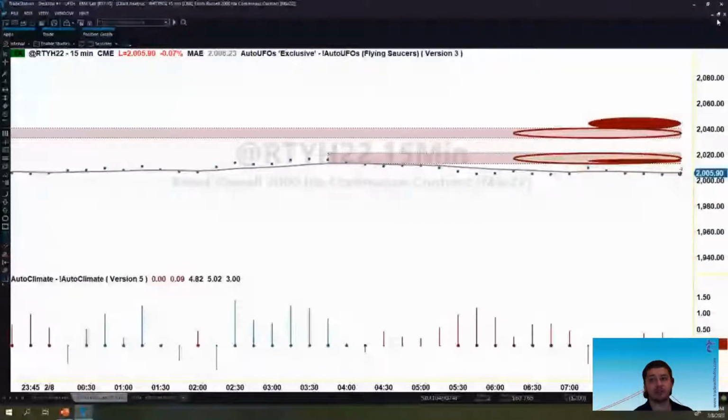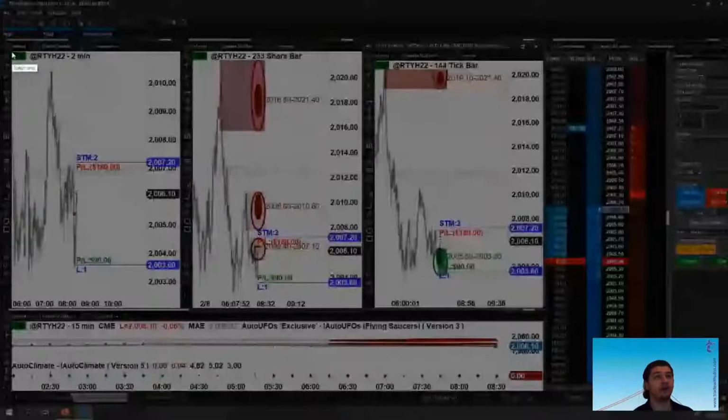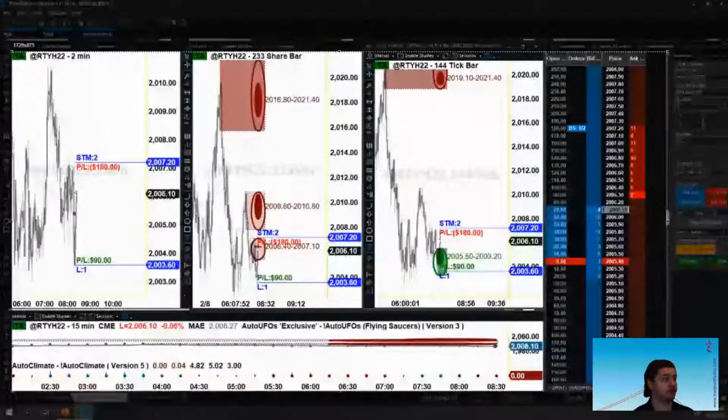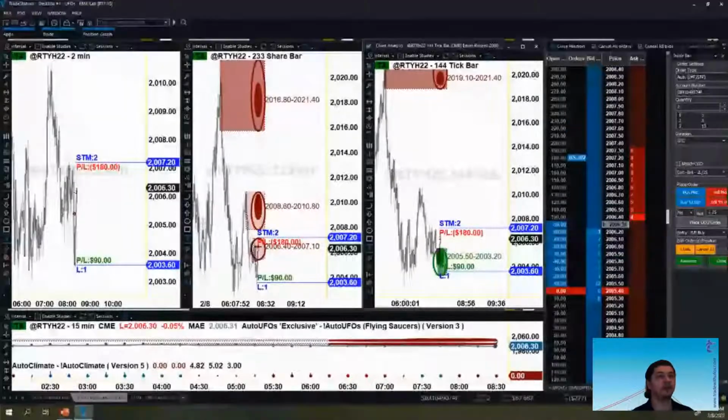That means we're just going to do a trail stop, and I definitely want to take a screenshot of this before it runs away from us, right? Okay, there's the screenshot, saved 20220208, and this is the RTY 15-minute setup.